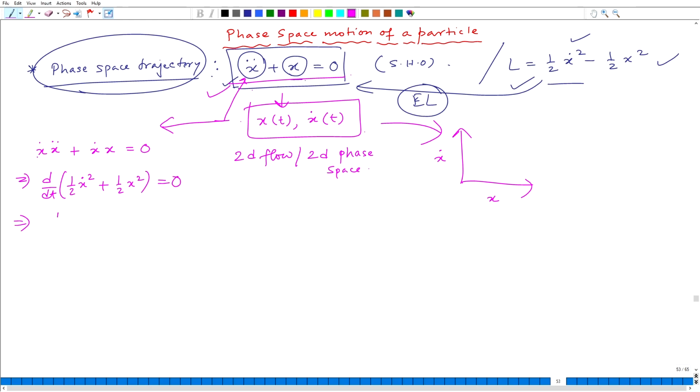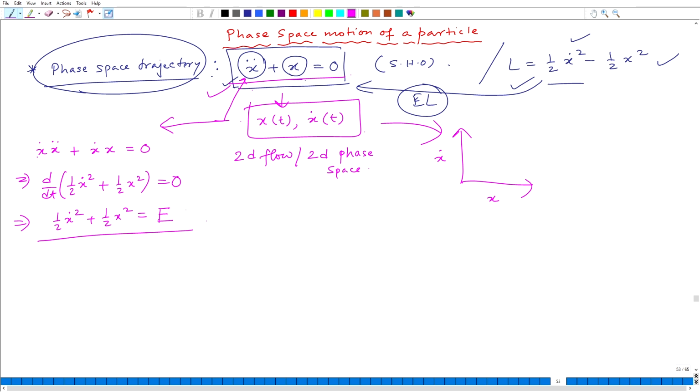So, then you have half x dot square plus half x square is equal to constant, let us say I would call that capital E. Now, you can easily imagine this is the total mechanical energy of this oscillator.